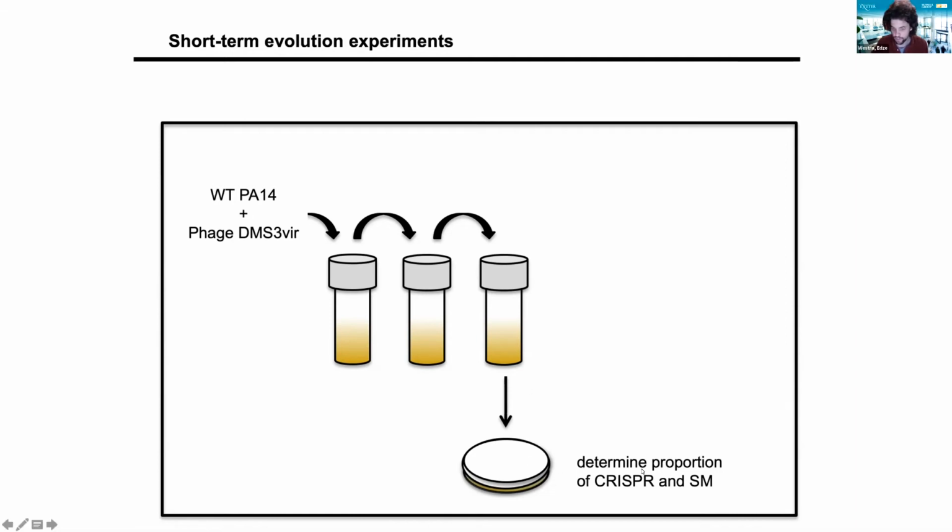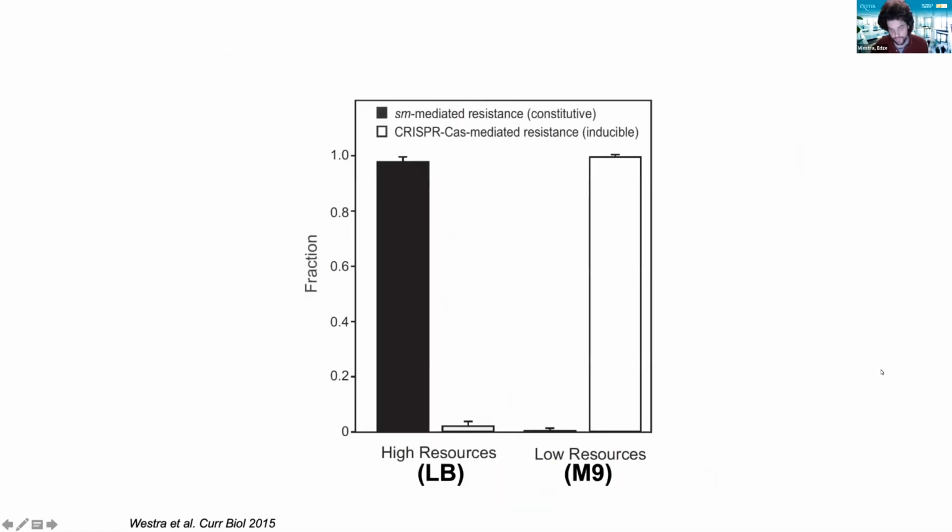And then we determine the proportion of the different resistance types that naturally evolve in response to phage. And what we then find is that the type of media that we use to culture the bacteria has a massive impact on the type of resistance that evolves. So in high resource conditions, in LB media, we find that almost all the bacteria are evolving surface-based resistance, and hardly any evolve CRISPR-based immunity.